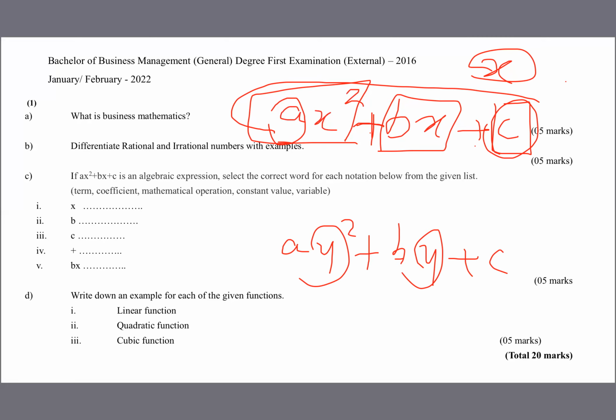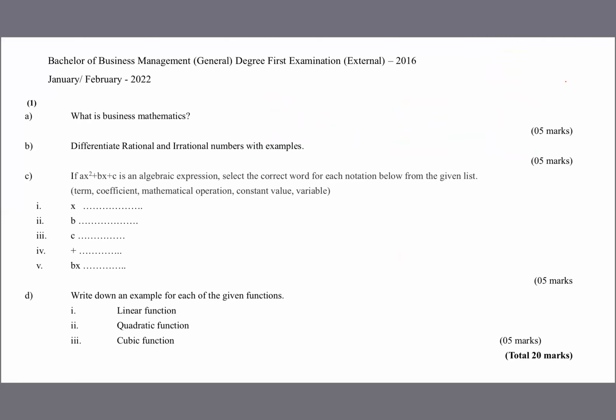So you can write in this way. x is the variable, you have to write variable here. And b is what? b is the coefficient, the x term's coefficient, so you can write coefficient here. c is the constant value.